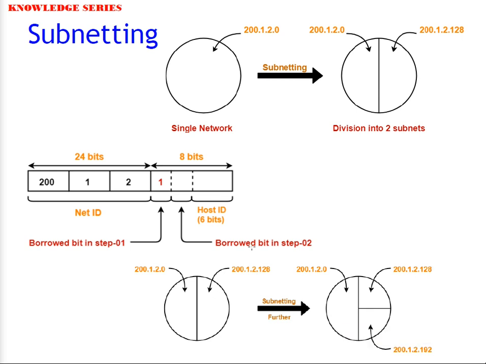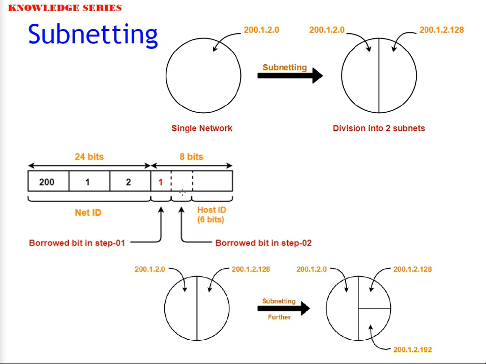In this case, since you have borrowed and you try to do the binary equivalent study of this one, you will find that it is having 2 distributions with respect to 128 and 192.